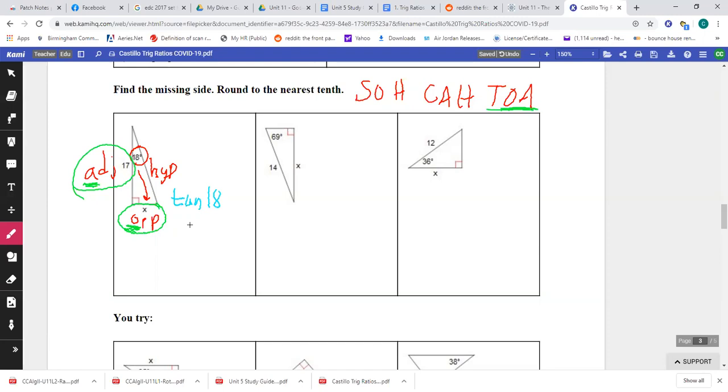Now we actually have what that angle is, so I'm going to write tan 18. And remember, tangent is opposite over adjacent. Opposite is x. Adjacent is 17. So tan 18 is equal to x over 17.